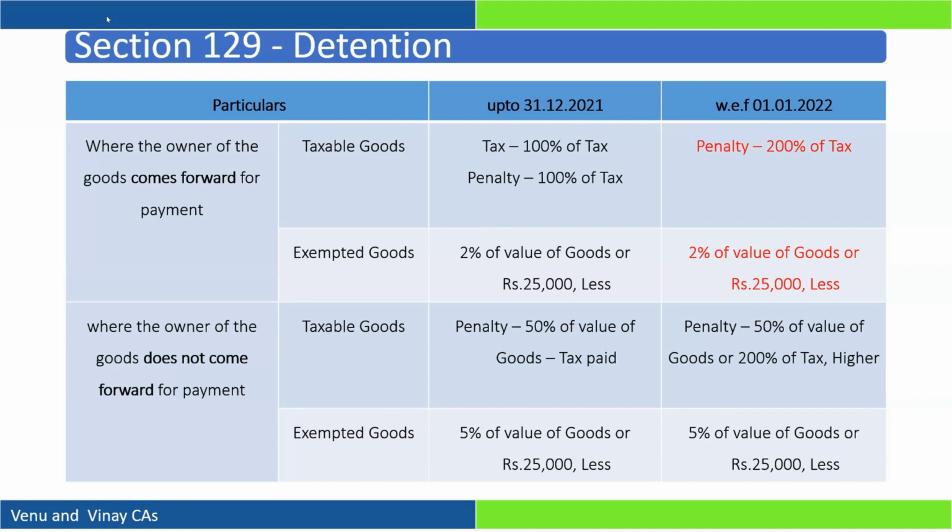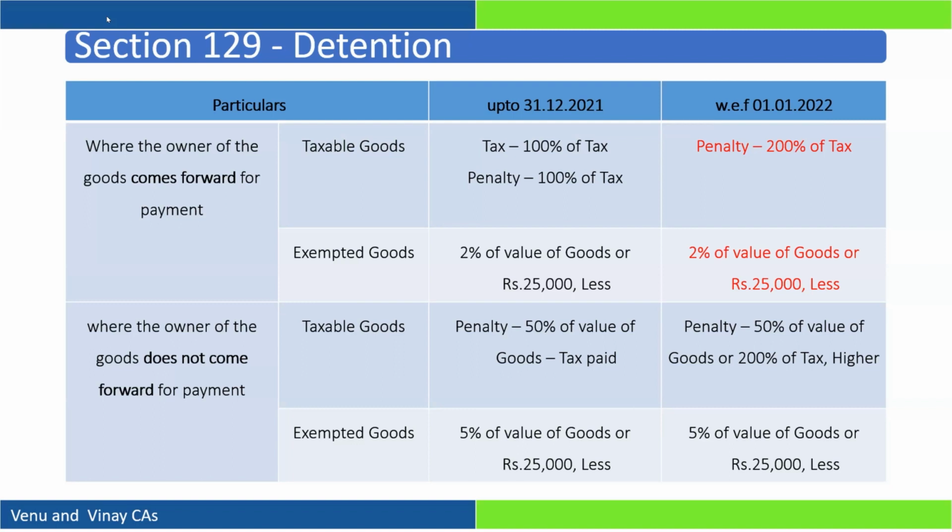Why would that happen? There are situations where someone doesn't want to be named. Someone might say that this consignment doesn't even belong to me, right? Now, let's look at when the consignment belongs to me and I acknowledge that I will make the payment of taxes.